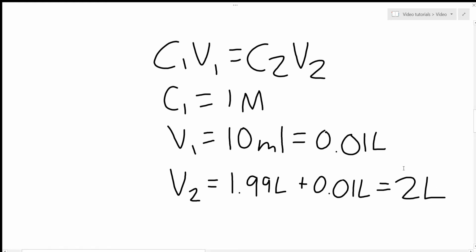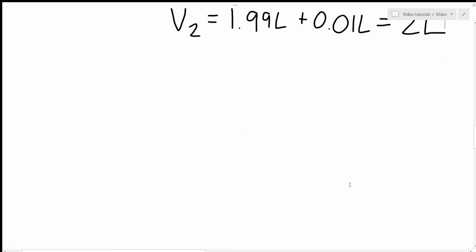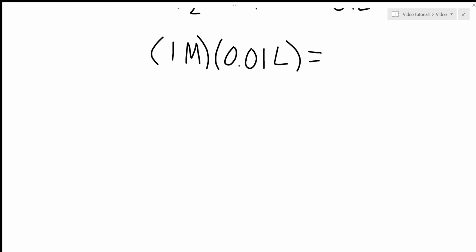So we plug those into the equation, and we get one molar times 0.01 liters equals C2 times 2 liters. And so we got to make sure that our units cancel out correctly. That's why we're using the 0.01 liters of stock acid versus 10 mils.